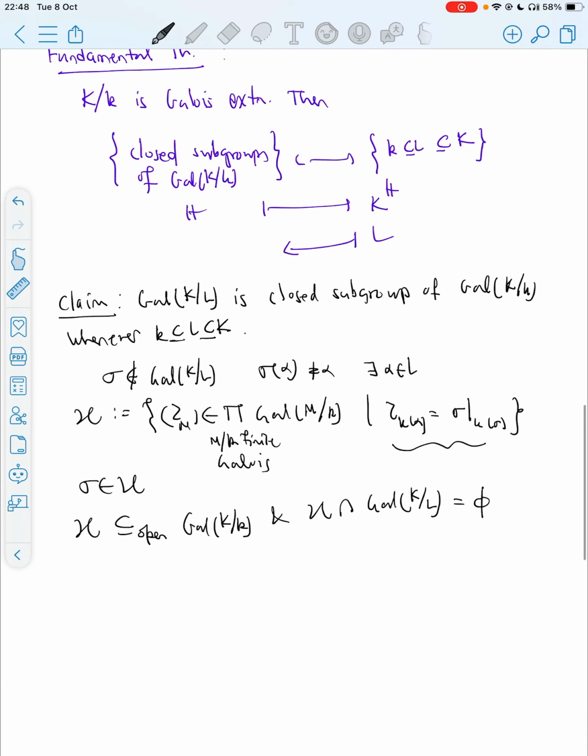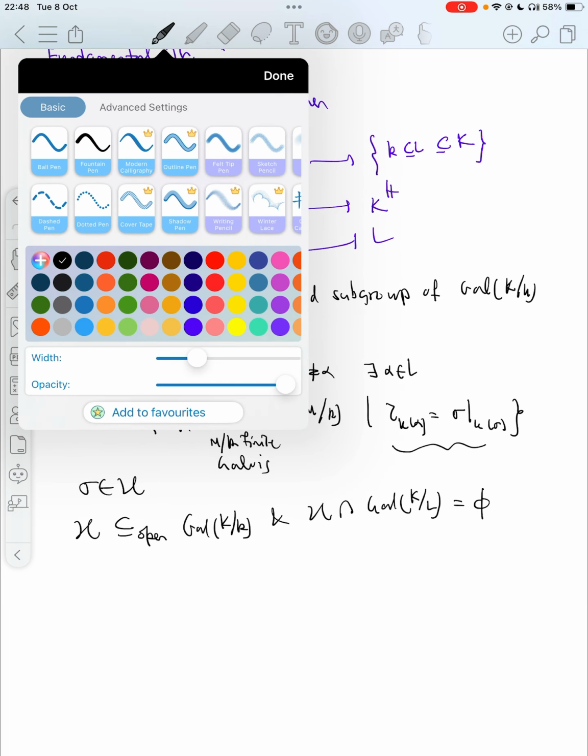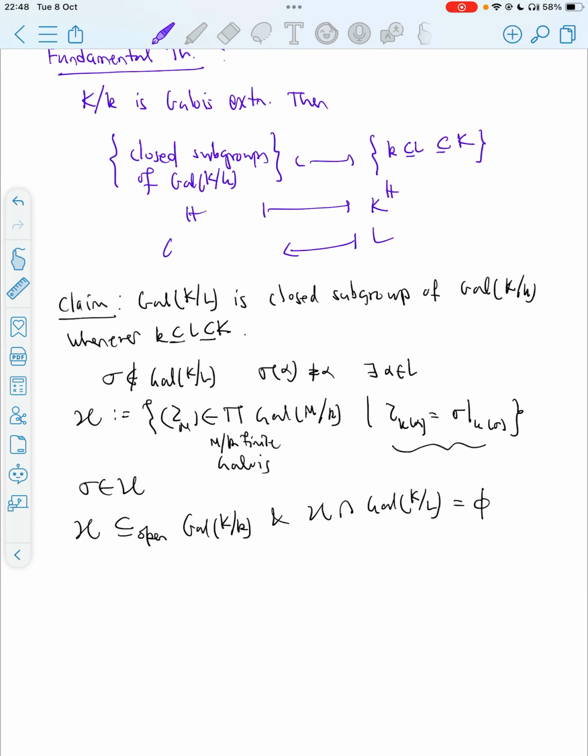So what you do is send L to the Galois group over L.